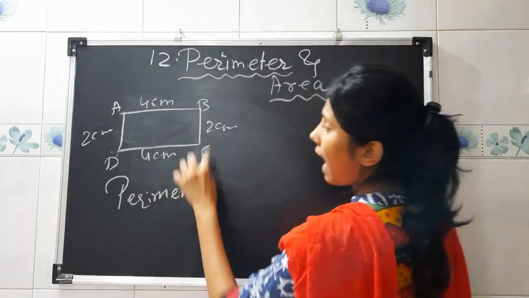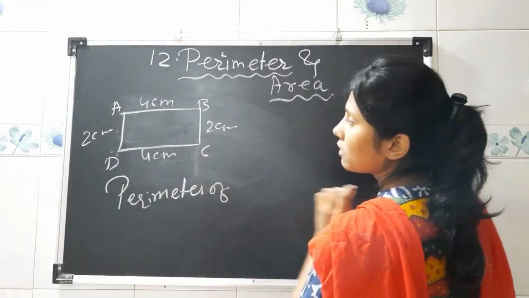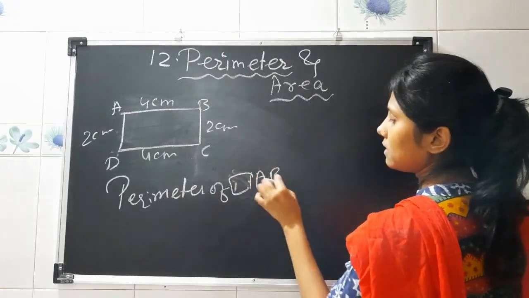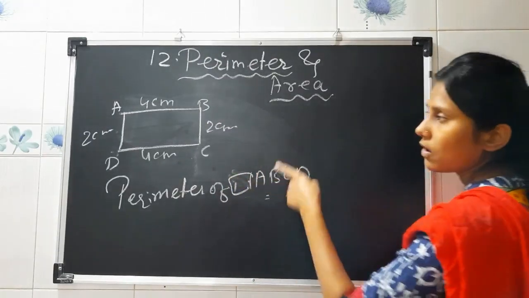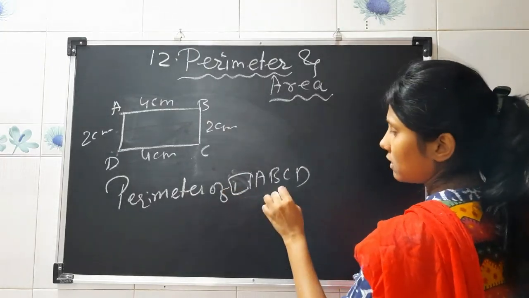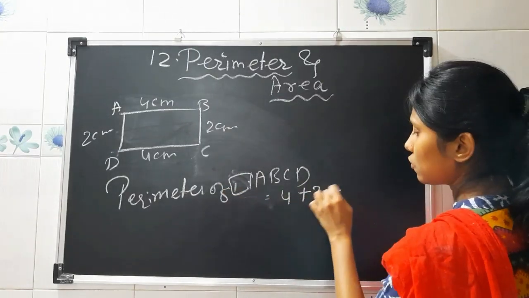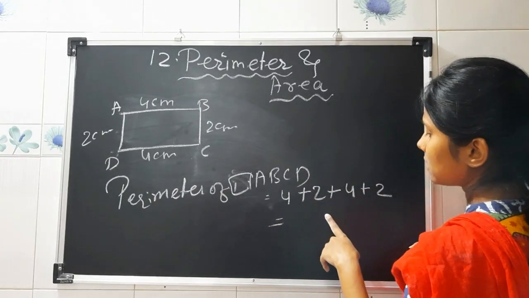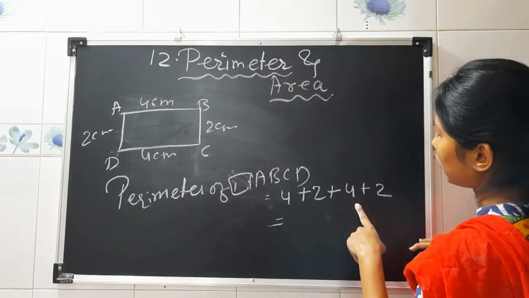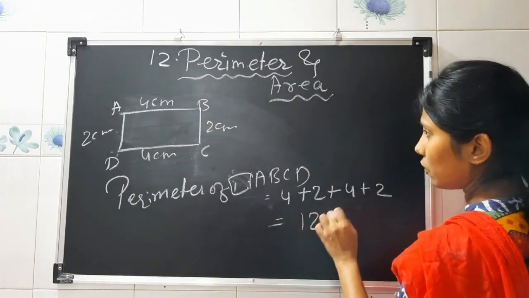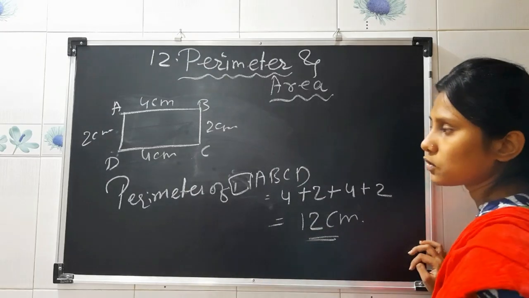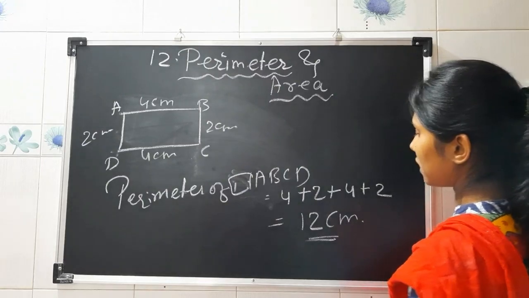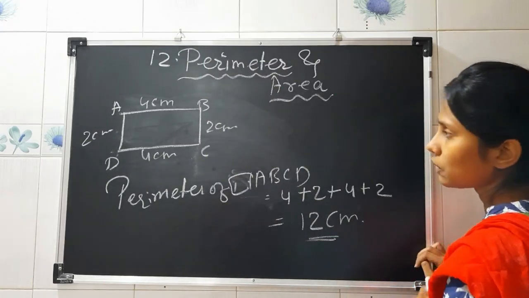We have to add all the sides. Perimeter of rectangle ABCD is equal to the addition of all the sides. So 4 plus 2 plus 4 plus 2. 4 plus 2 is 6, 6 plus 2 is 8, 8 plus 4 is 12. So the perimeter of rectangle ABCD is 12 centimeters.